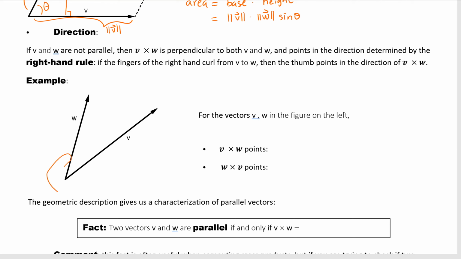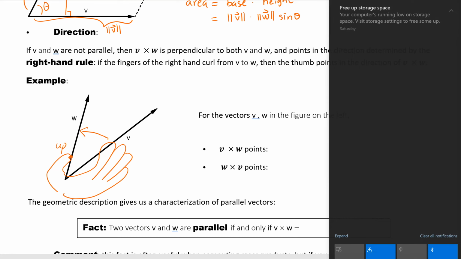So your thumb here, and then your fingers are here. If your fingers curl from V to W, then your thumb points up from the paper. So then your thumb points in the direction of V cross W.